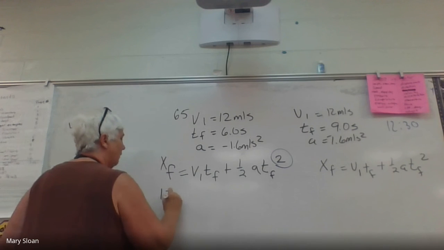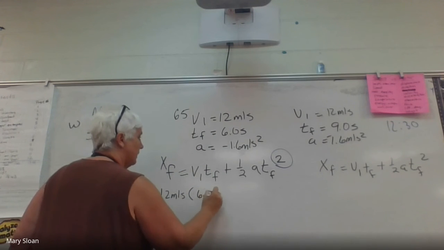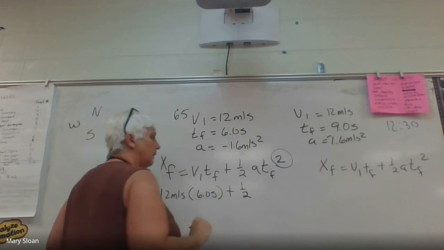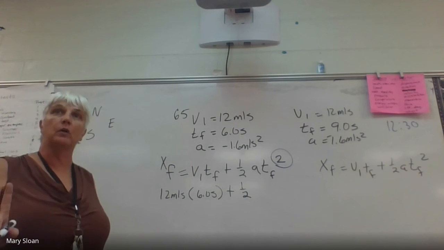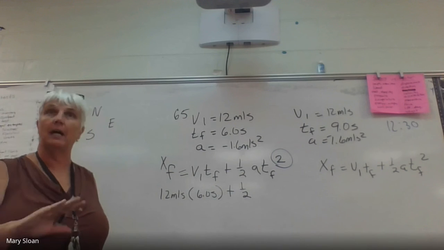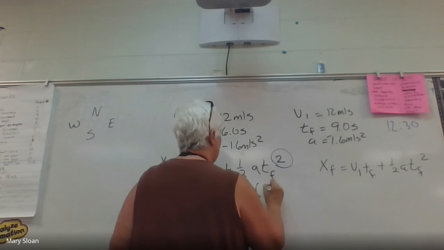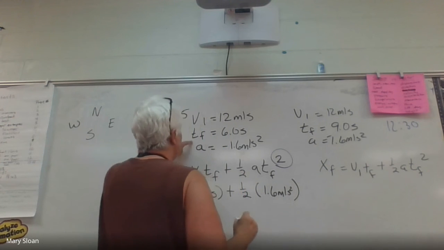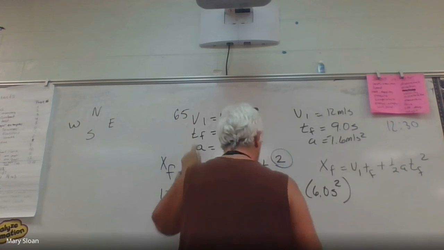So we have 12 meters per second times 6.0 seconds plus 1/2. When you're doing that 1/2, you can do it as a fraction or you can do 0.50, but don't do 1 divided by 2 because that's not going to work. Open bracket, 1.6 meters per second squared times 6.0 seconds squared.